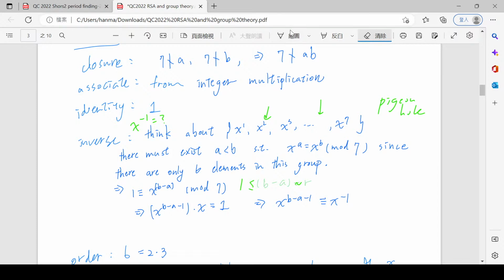Okay, so b minus a is bigger than 1, so we can take another minus 1 here. So x to the b minus a minus 1 times x equal to 1. And this is still positive because, well, b is bigger than a, so b minus a minus 1 is at least 0.